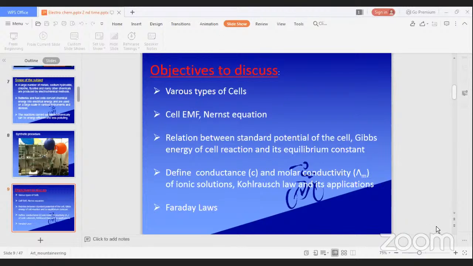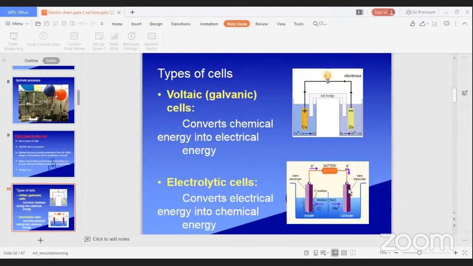So this one, various types of cells. Two types of cells are there. The first one is the voltaic cell, also called the galvanic cell. In this, there is conversion of chemical energy to electrical energy.